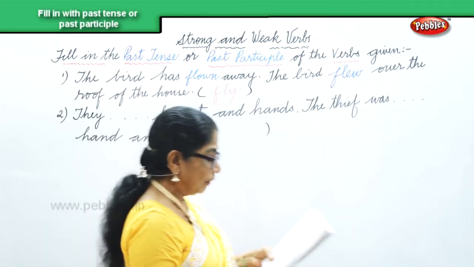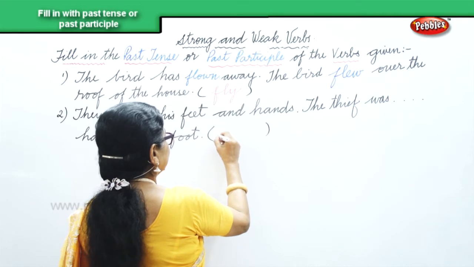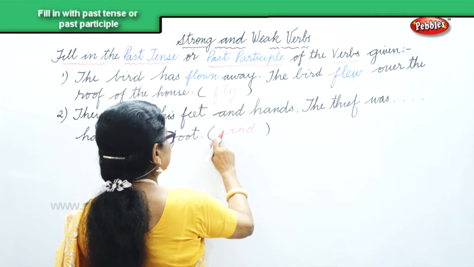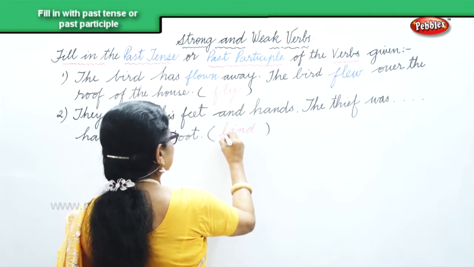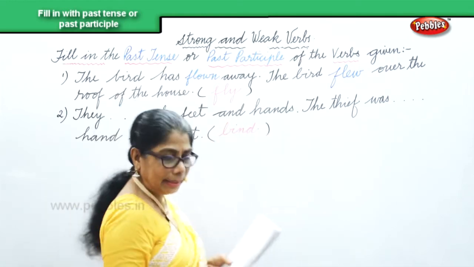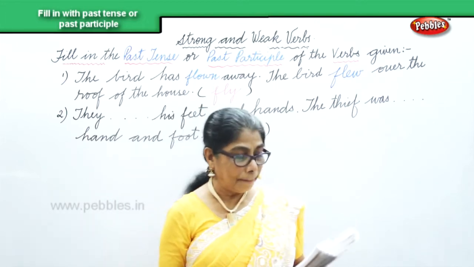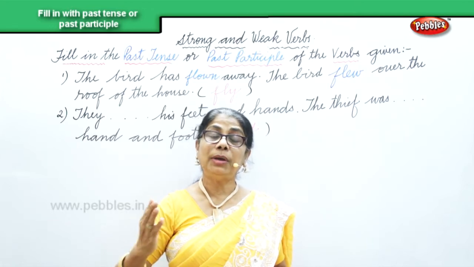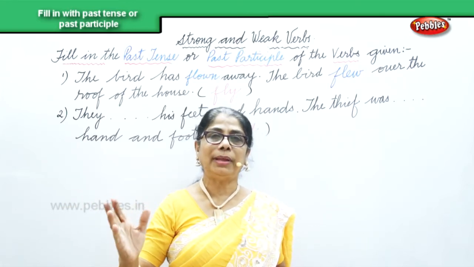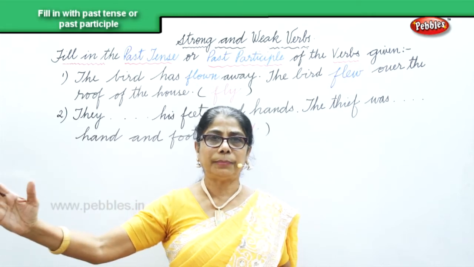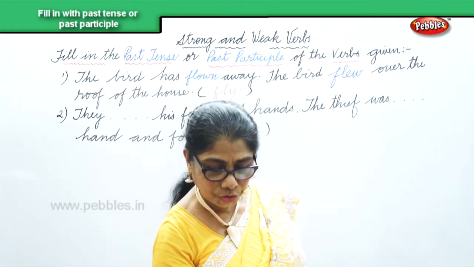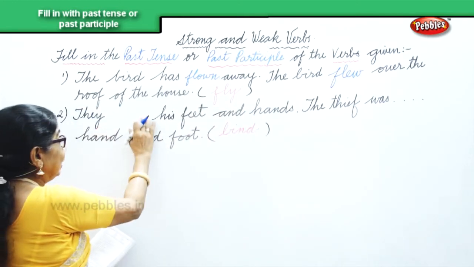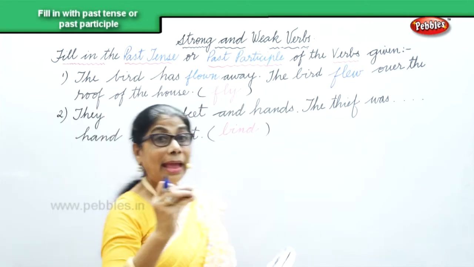In the present, you have bind. Okay, bind will become bound. Bind, present, bound, and in the past participle also bound only. Bind, bound, bound. Okay, now let's change and write it down. They dash his feet and hand.